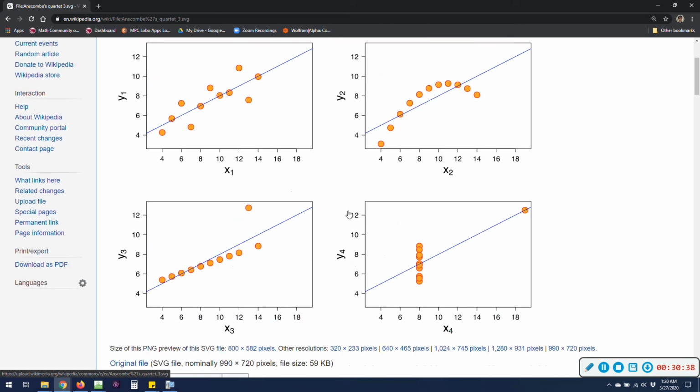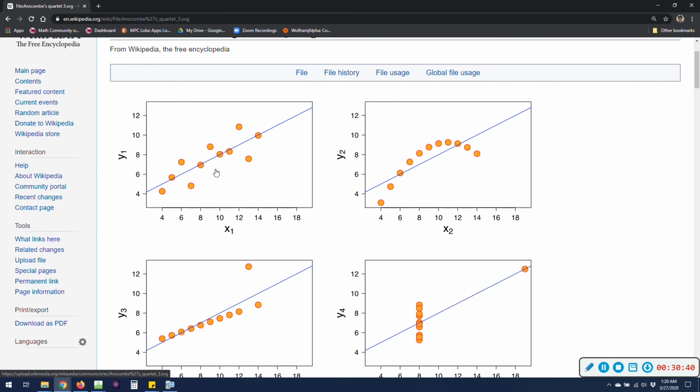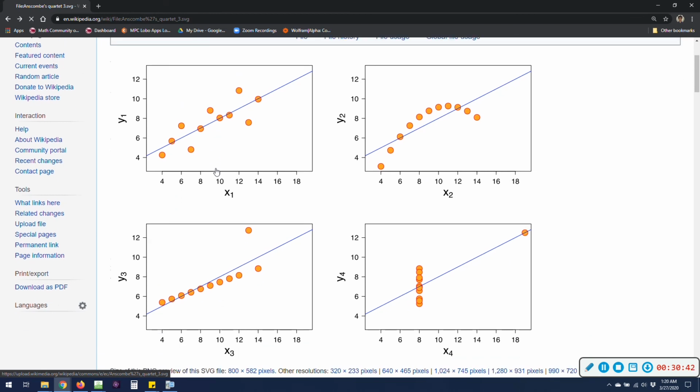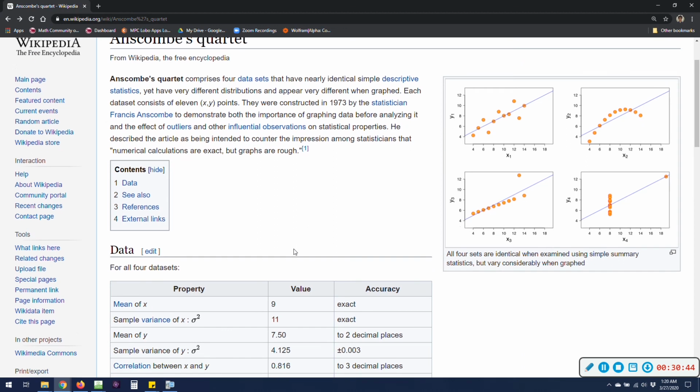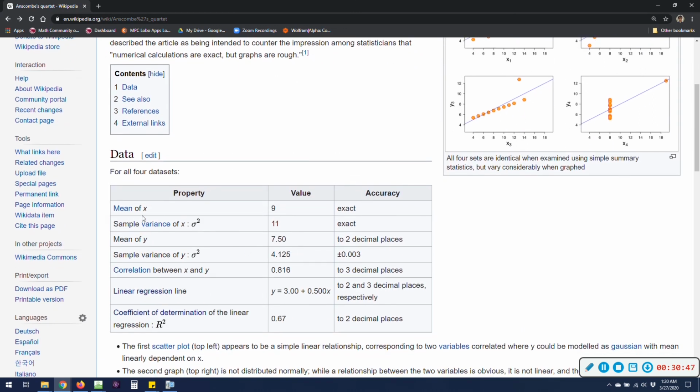It turns out that the sample linear correlation coefficient r for all four of these is the same. You can see that for all four, the mean of the x's is the same, and the r right here is the same.